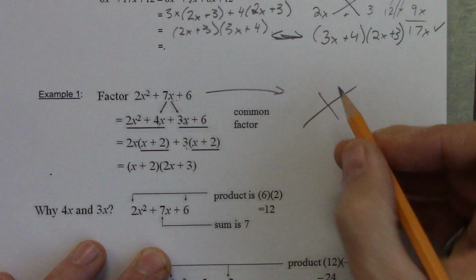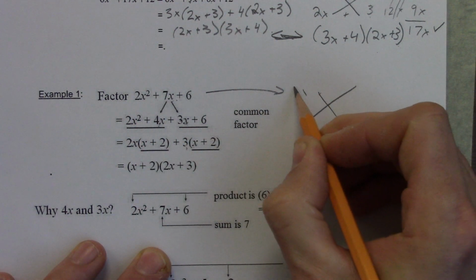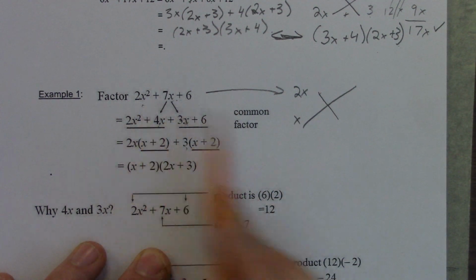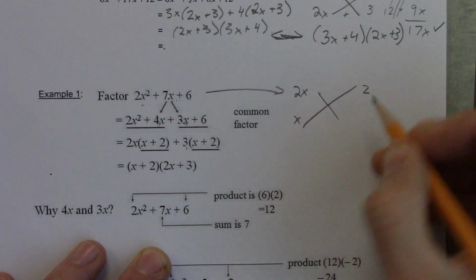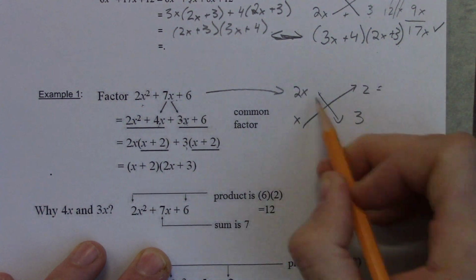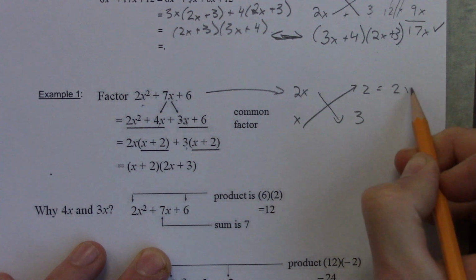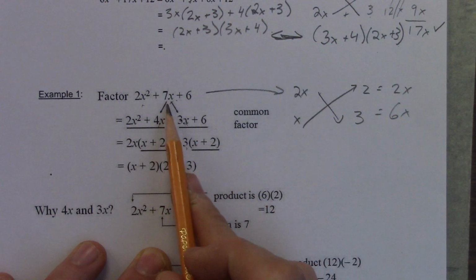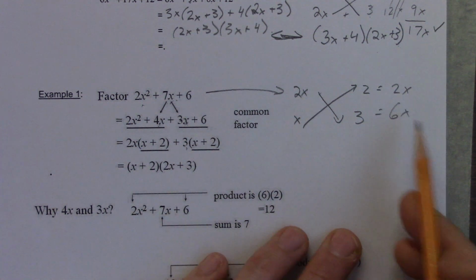right? 2x squared is broken into 2x and x. Those are the only options for 2x squared. And then the 6, we can try 2 and 3. Now we're going to multiply these out. We get 2x and we get 6x. Now do these add up to give us 7 in any way? They do not. Right?